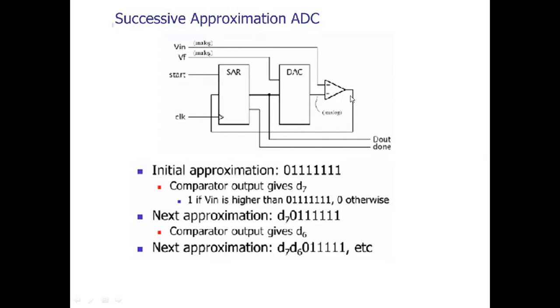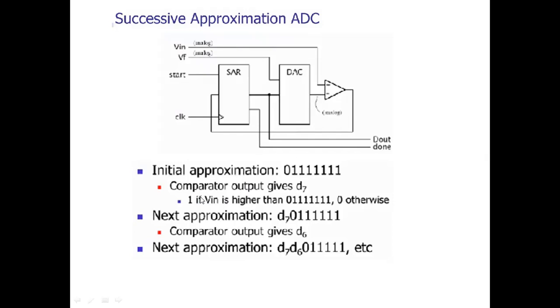The output given by the comparator we call D7. It will be equal to 1 if Vin is higher than the initial approximation, and 0 otherwise.